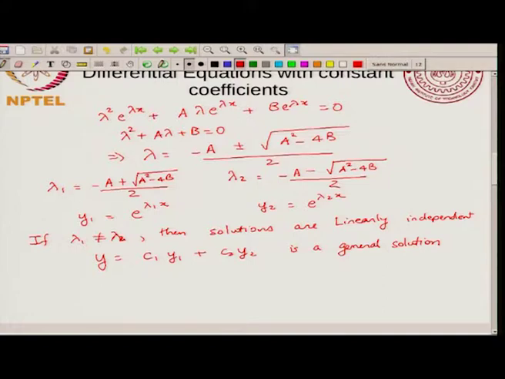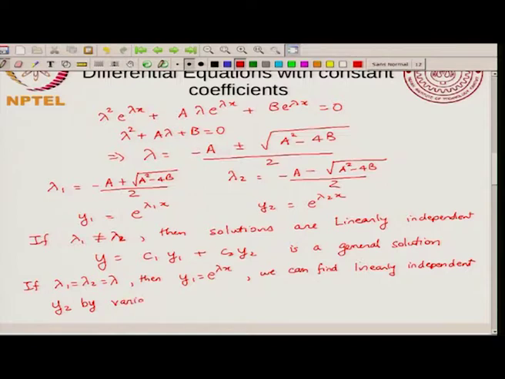So, if lambda 1 equal to lambda 2 equal to lambda, then y1 equal to e to the lambda x, and we can find a linearly independent y2 by variation of parameters.